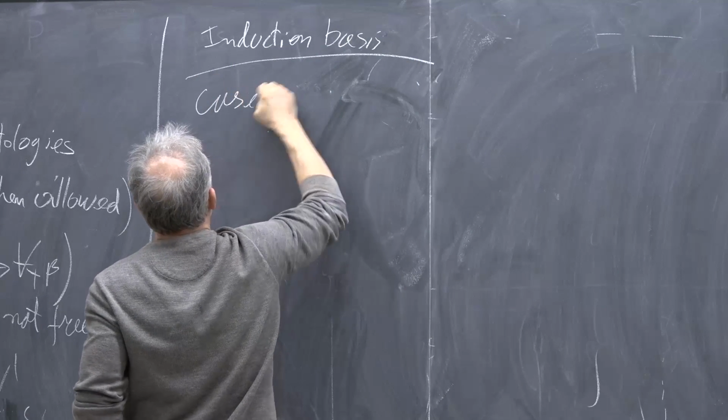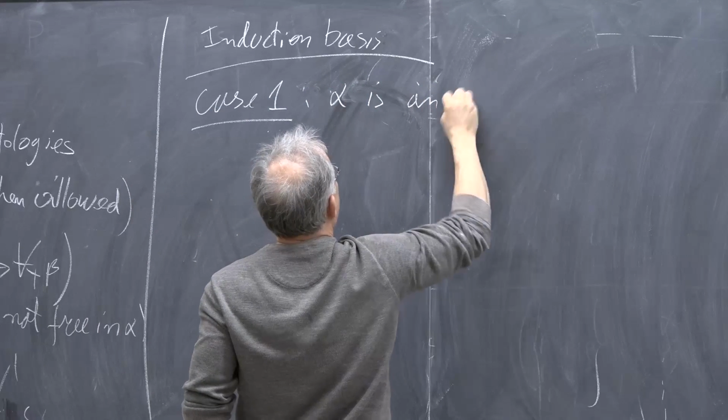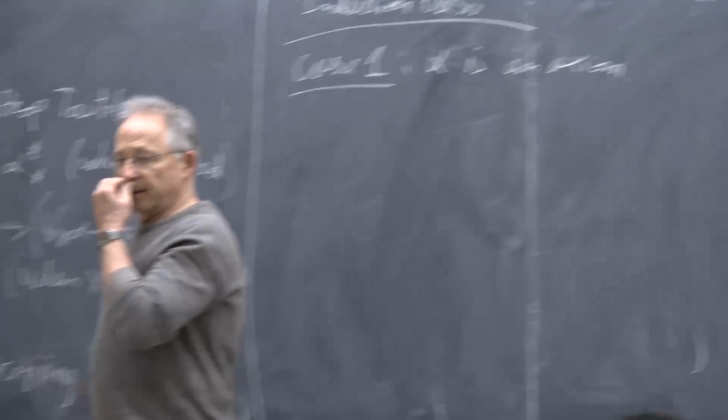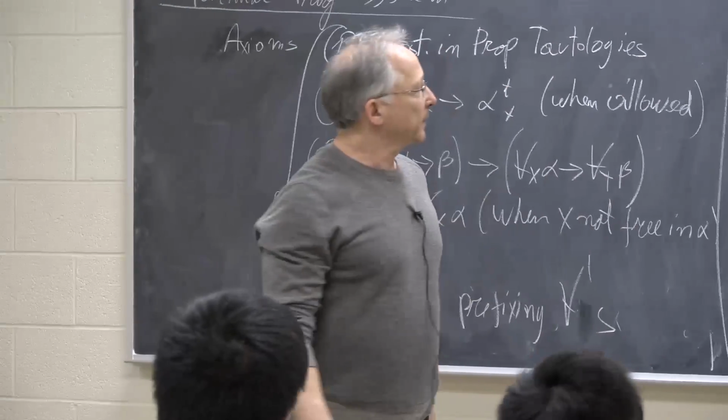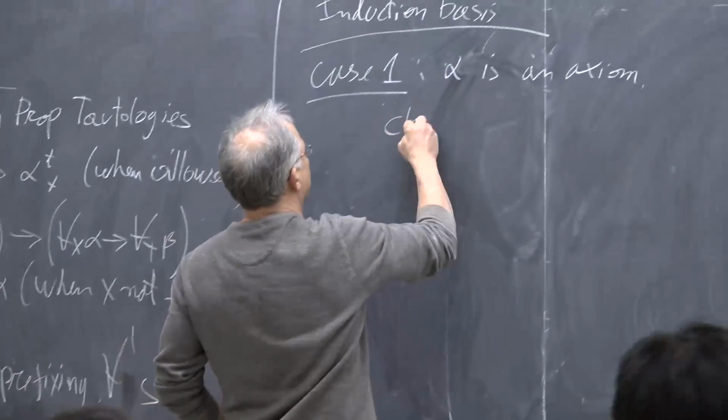Case 1, alpha is an axiom. So I claim that we have here a subclaim.